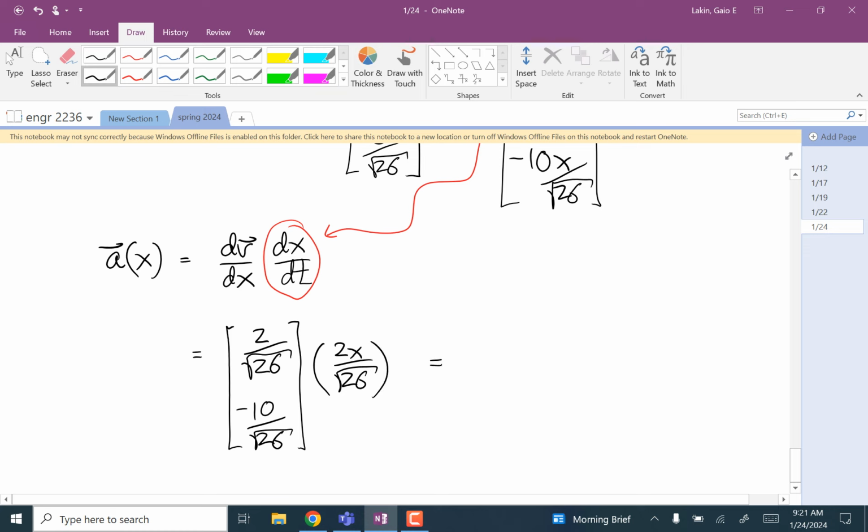And so you get 4x over 26 for the x component, negative 20x over 26 for the y component.